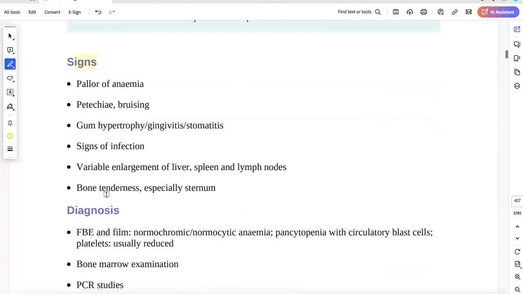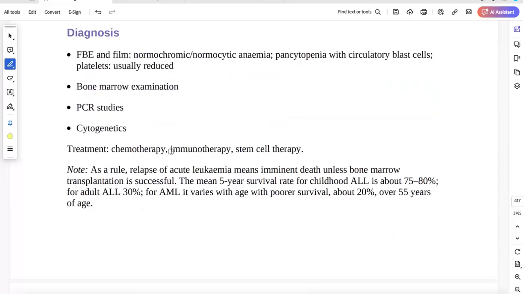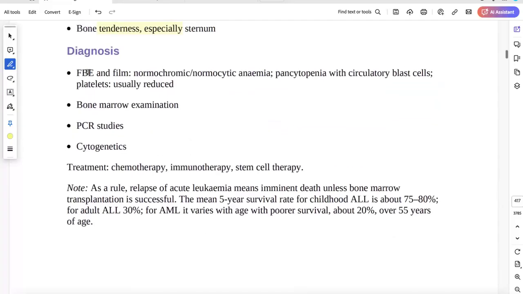Signs you can see in here: bony tenderness, especially sternum, liver, spleen, lymph node can get enlarged, gingival hypertrophy, and other symptoms. So full blood examination and peripheral blood film will be the initial choice of investigation, followed by, sometimes we do bone marrow, sometimes we do PCR, sometimes cytogenetics.